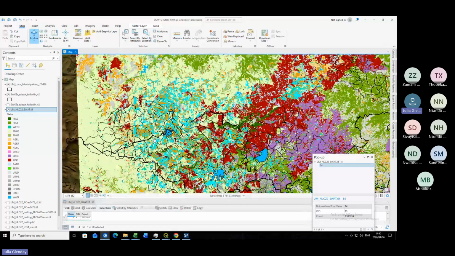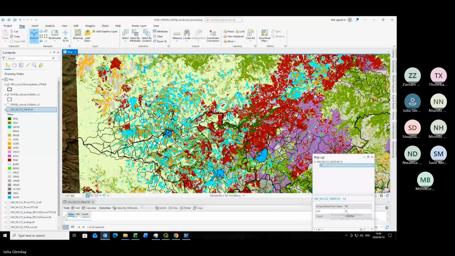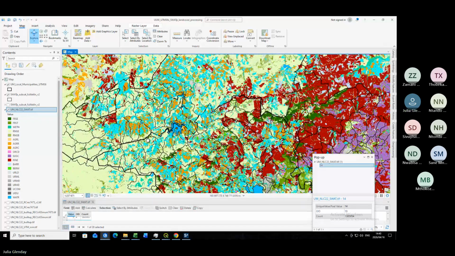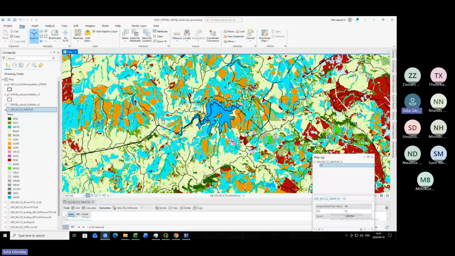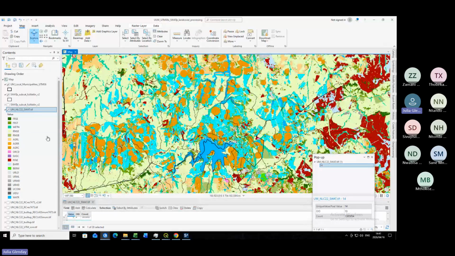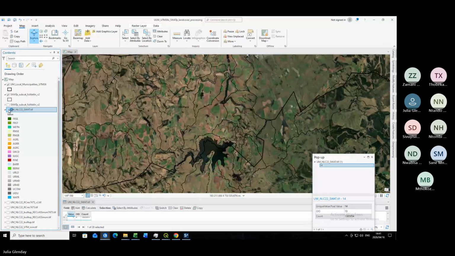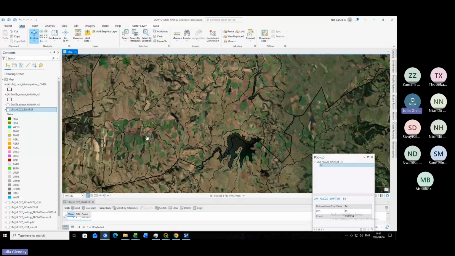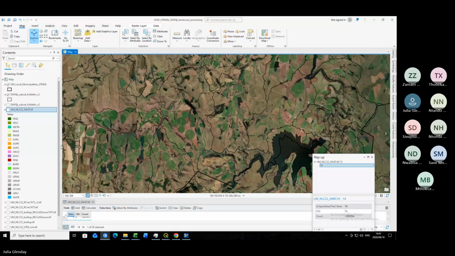If we go up above Mearns and Spring Grove, like these areas, would you guys agree that it's similar agriculture out here? Mostly maize and wheat.